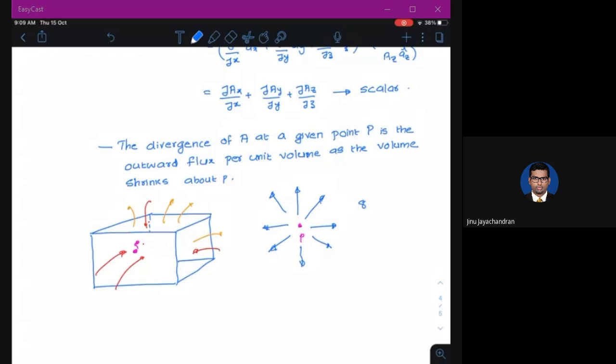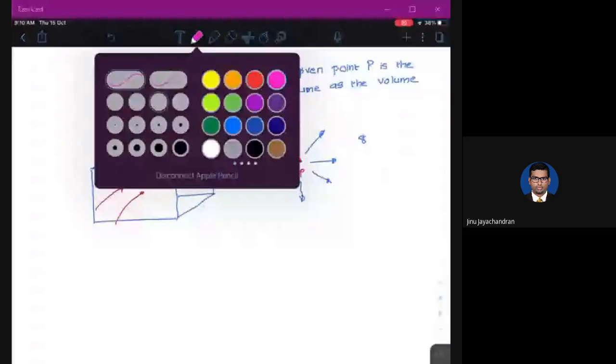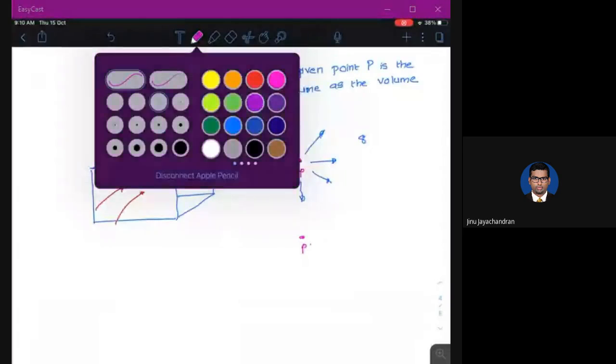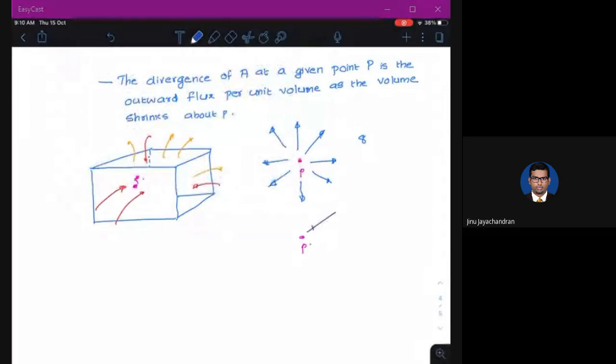Okay. Now let's consider the same point P with something like this. The flux lines are going towards P, but divergence means the net outward flux.